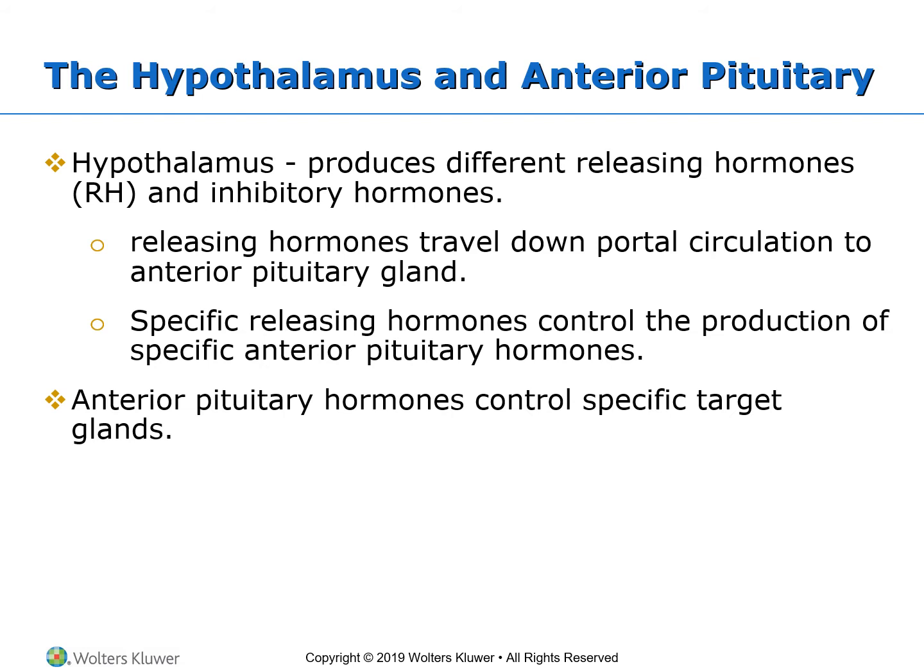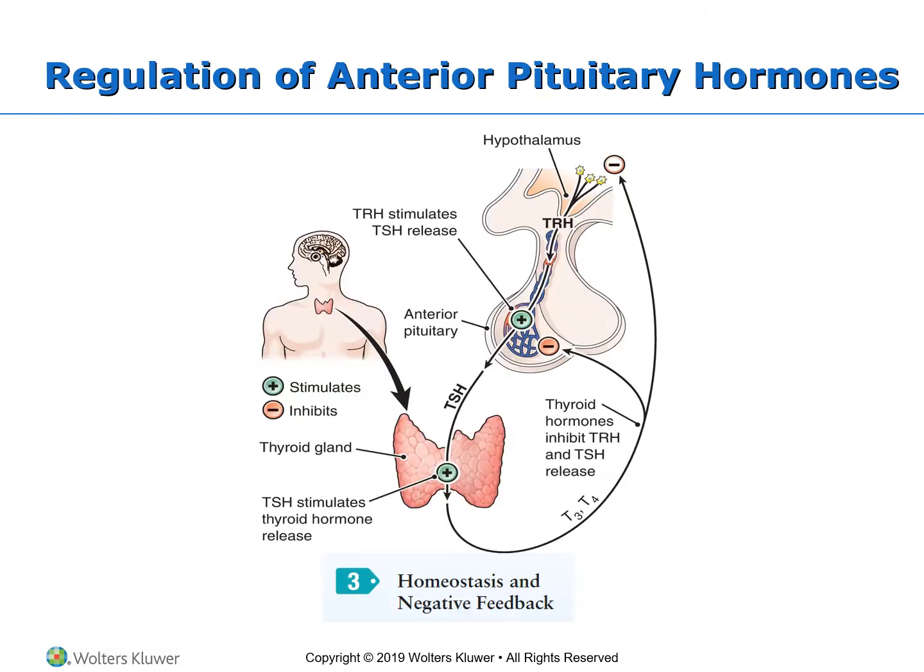For example, if we are talking about the growth hormone, the hormone that will influence the release of the growth hormone will be the growth hormone releasing hormone. And this is an example, just to review, of how the anterior pituitary hormones are stimulated by the hypothalamus.